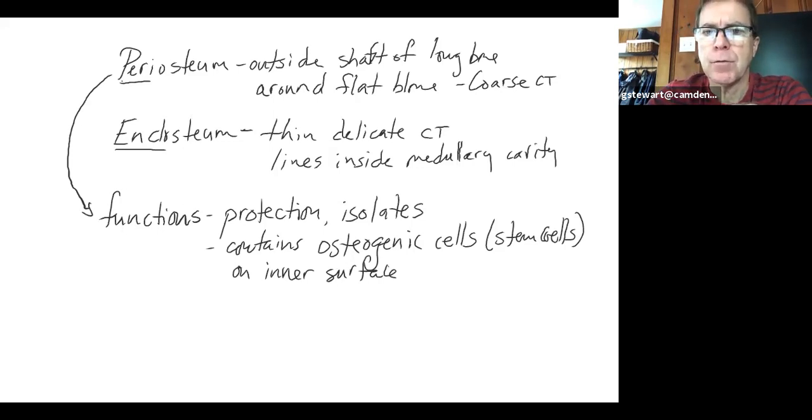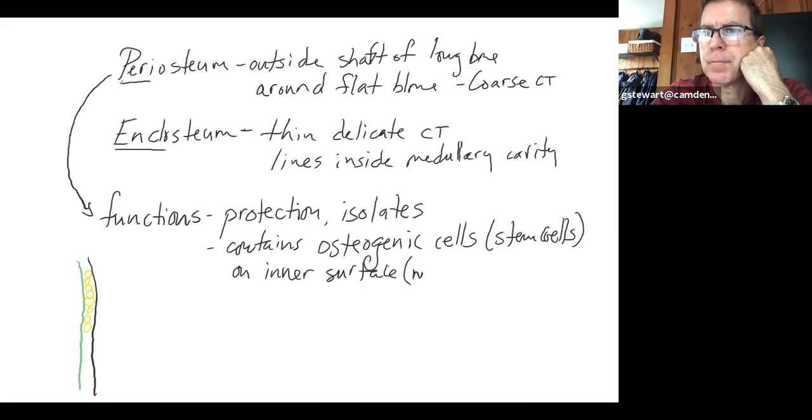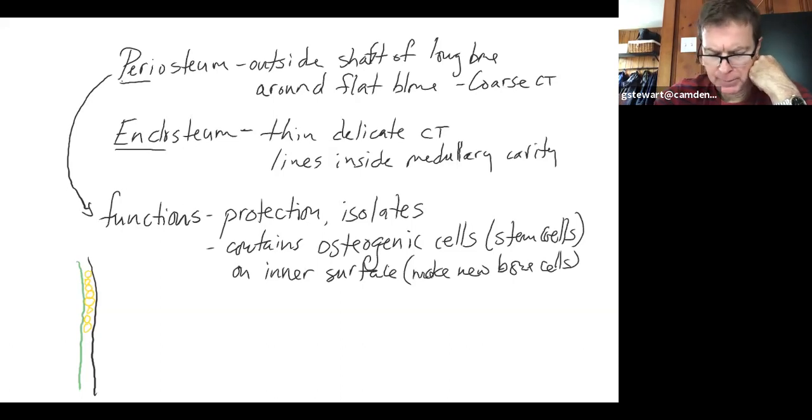So you don't have to draw this, but if this is the bone tissue and we used green, and this is the periosteal tissue on the outside of that bone, we find stem cells, I'll use yellow just for fun, on the inside of this periosteum. And stem cells continually divide and make new bone cells. Okay, we find them sort of on the inside of the periosteum.